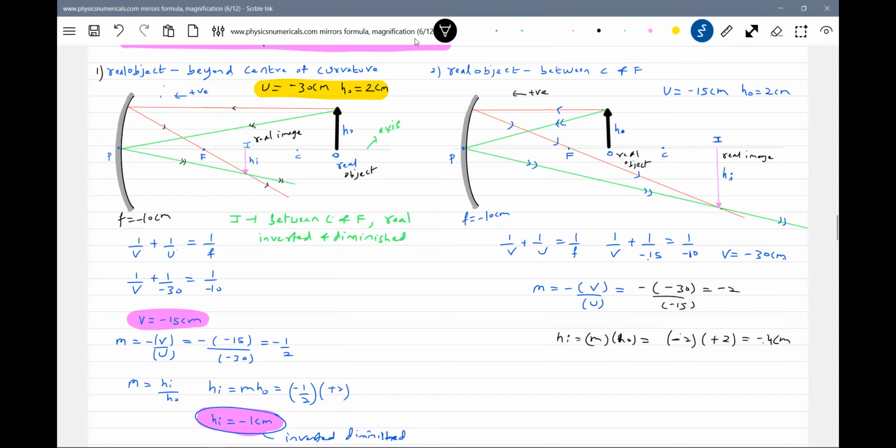So what is the conclusion we can make? Final image beyond C, real, inverted, and magnified. So if the object is between C and F, the image will be real, inverted, and magnified.